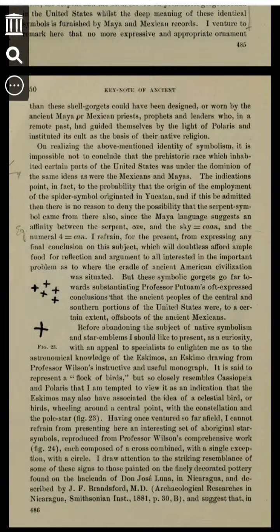It is said to represent a flock of birds, but so closely resembles Cassiopeia and Polaris that I am tempted to view it as an indication that the Eskimos may also have associated the idea of a celestial bird or birds wheeling around a central point with the constellation and the pole star.